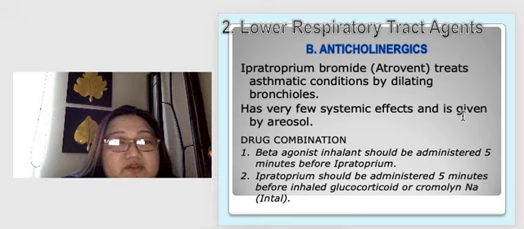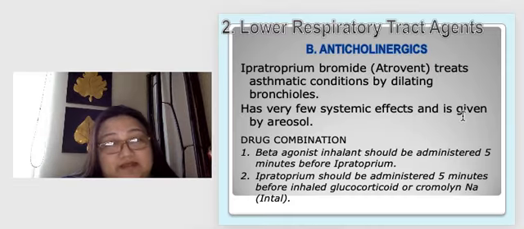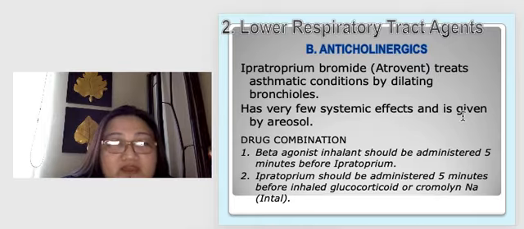Ipratropium should be administered 5 minutes before inhaled glucocorticoid or cromolyn sodium and intal. So, ang glucocorticoid or cromolyn sodium and intal naman are anti-inflammatory drugs which can prevent the inflammation of the airway.